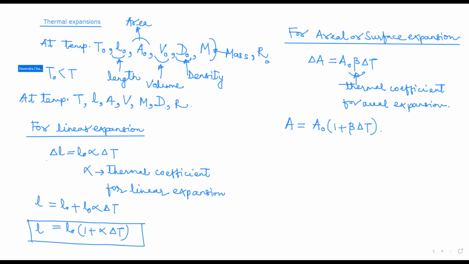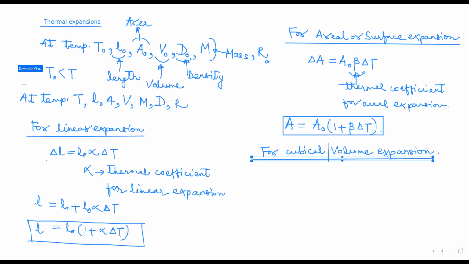This is again a very important expression to remember. Now the next one is for cubical expansion or volume expansion, right? For cubical or volume expansion, delta V is equal to V naught gamma delta T. What is gamma?